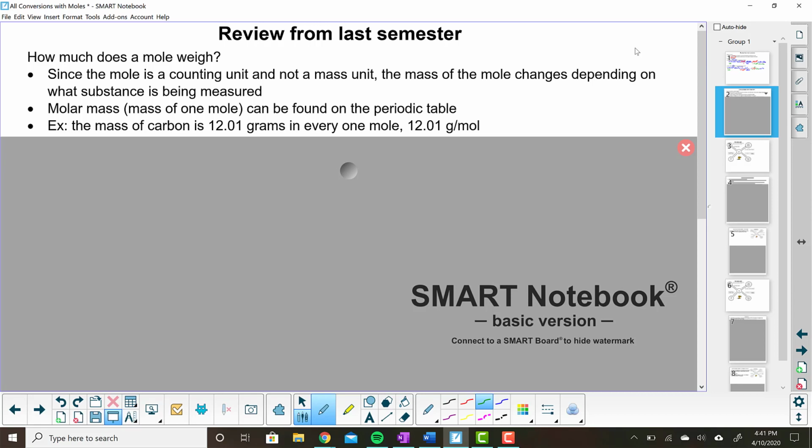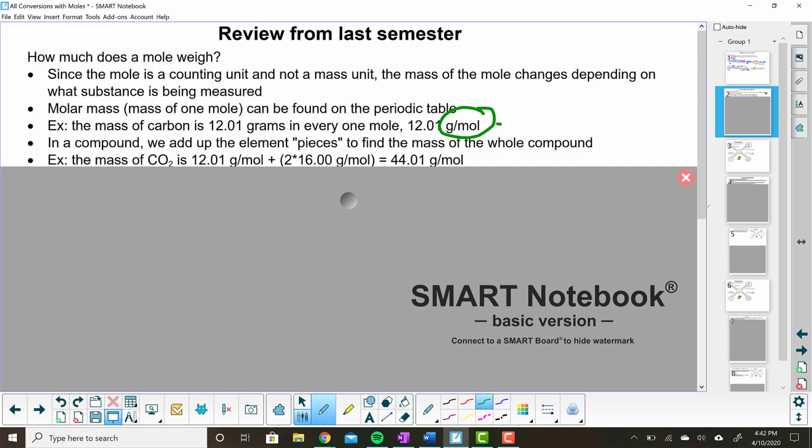So like I said, the mass of 1 mole of carbon is 12.01 grams. So if I have 1 mole of carbon and I set it on a scale, it would weigh 12.01 grams or 12.01 g/mol. That means that for every 12.01 grams, we have 1 mole. This is our conversion factor rate.